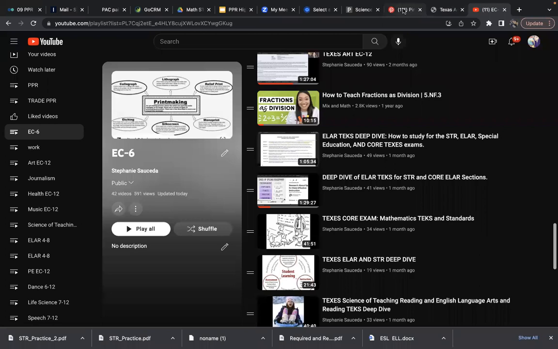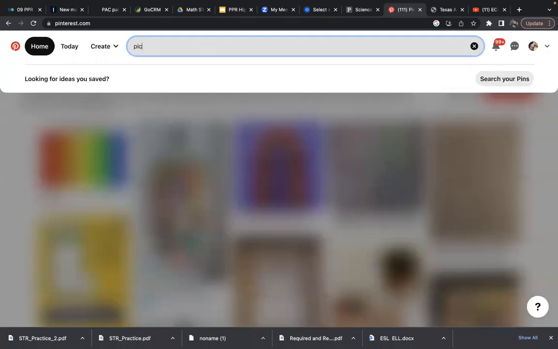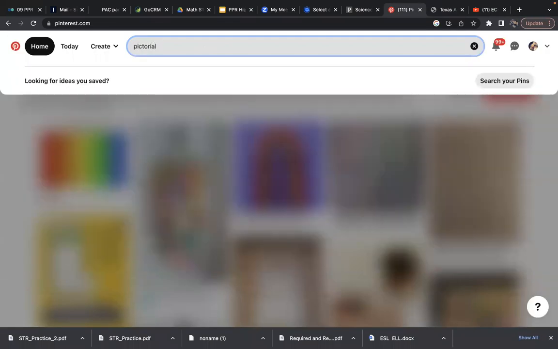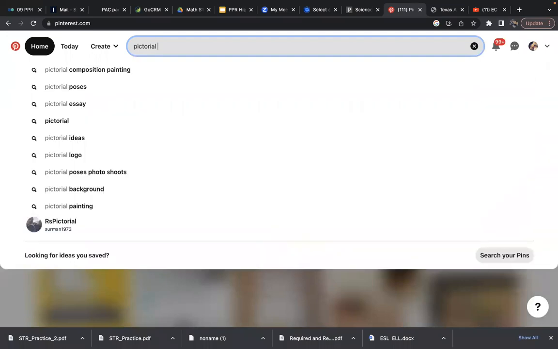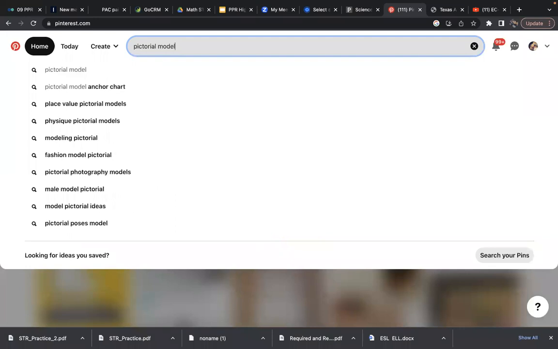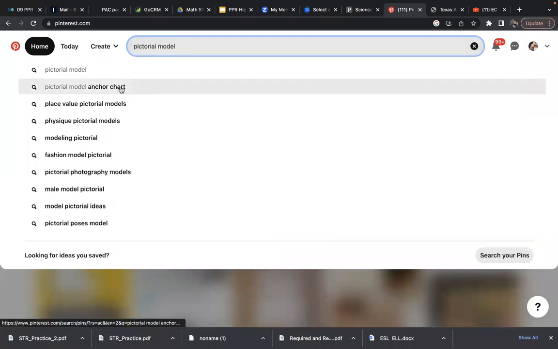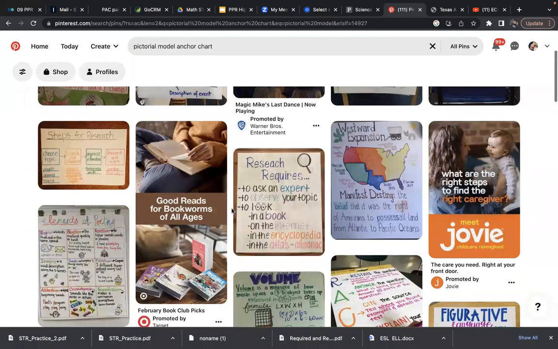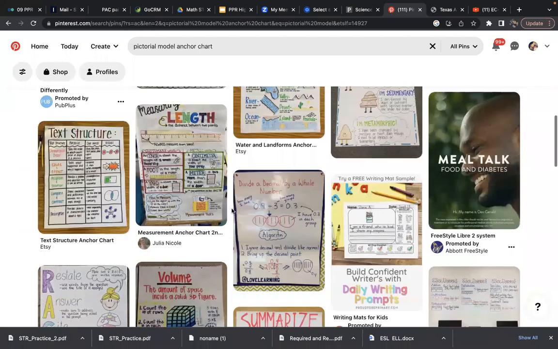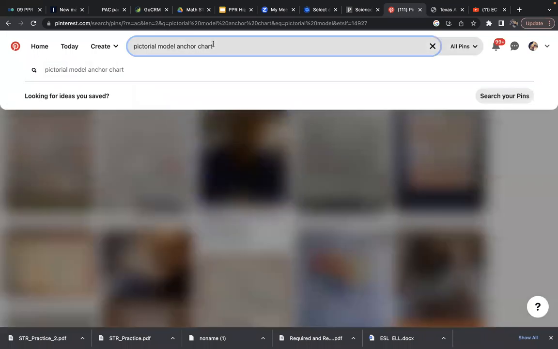Pictorial chihuahuas. Let me do pictorial model fraction.